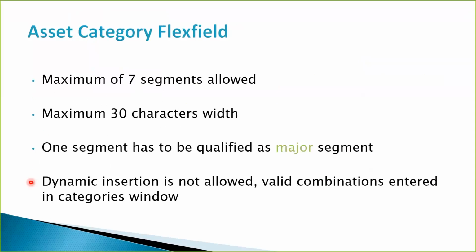So let's start again with the asset category Flexfield. Again, as I said, you know how these Flexfield windows work. For example, when you're creating your chart of accounts, you go to the accounting Flexfield, you enter the name of your chart of accounts, then you go to the segments and you enter the name of those segments, right?